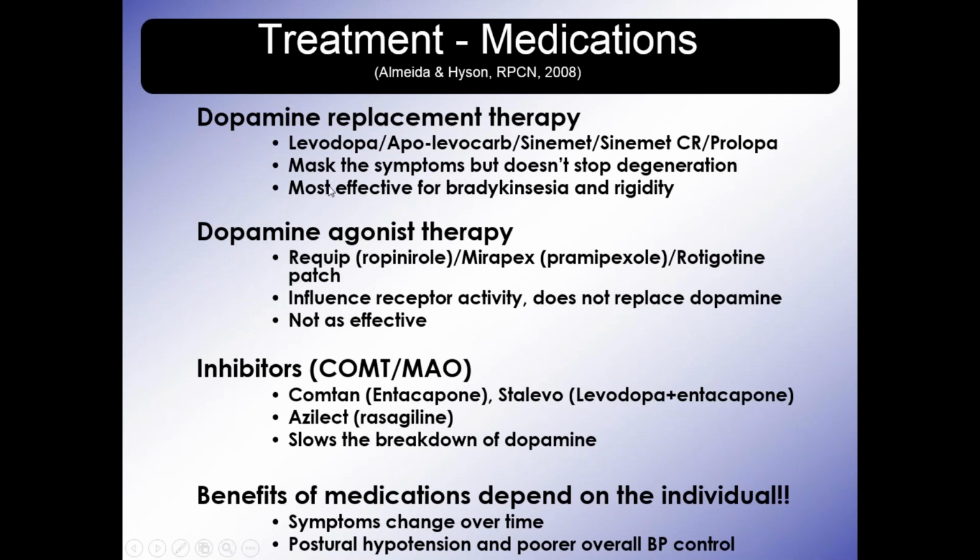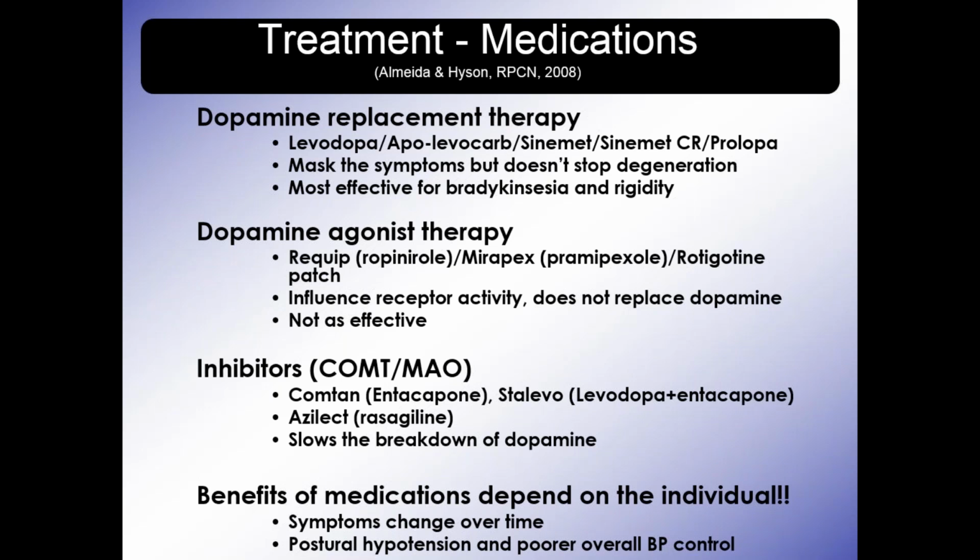Dopamine replacement therapy is the gold standard. We do have other strategies to try and deal with the symptoms of Parkinson's. We have a second category of meds called dopamine agonists. So the more common names that you may have heard of already would be something like Requip or Ropinirole, Mirapex, Pramipexole.